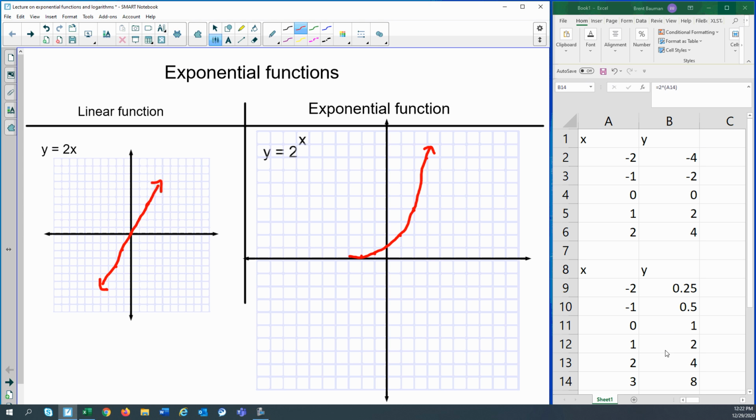So you can see how we're increasing by a factor of 2. Okay, so that's a little intro to just see the difference between linear and exponential. And let's look at some real-world examples and just work with plugging numbers into exponential functions, maybe creating an exponential function from a word problem.